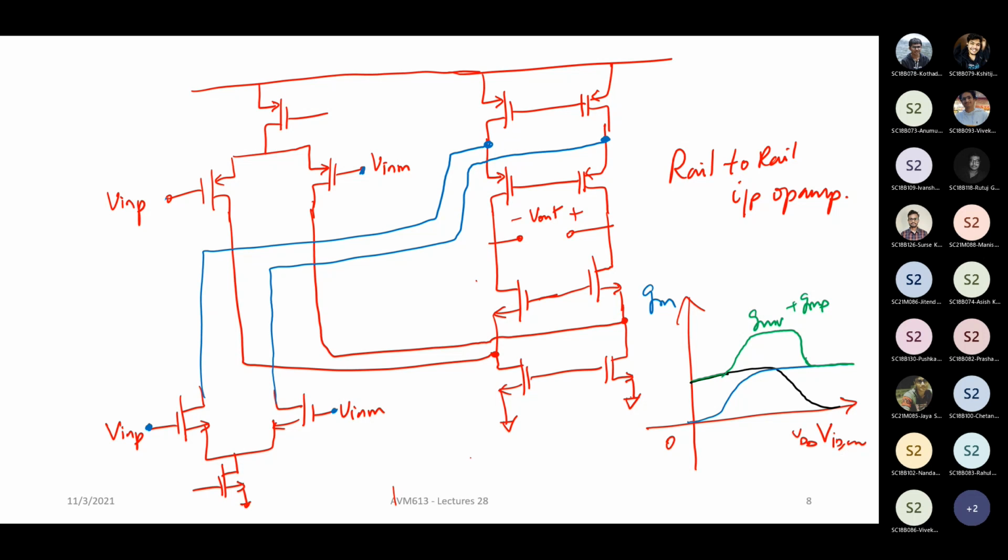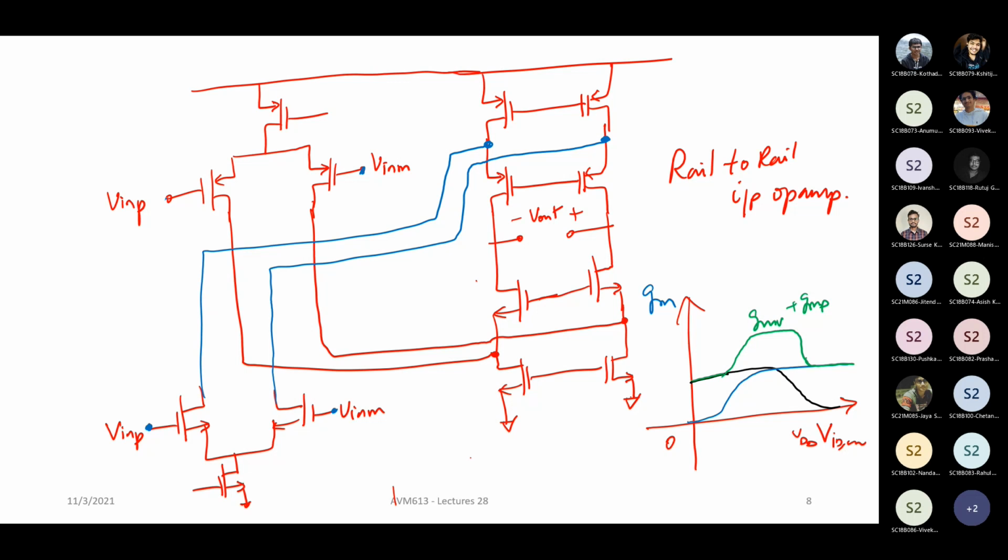So in other words, at higher input common mode voltages, the PMOS is totally cut off. Only NMOS is functioning. At very low input common mode voltages, your PMOS only is working, your NMOS is completely cut off.